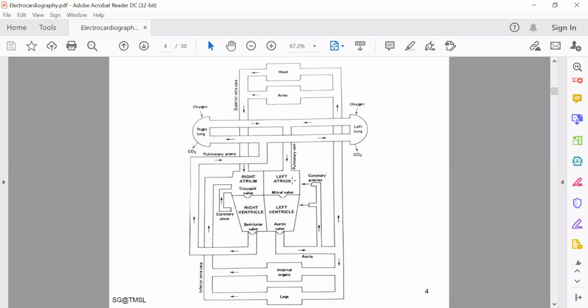The heart rate also increases with heat exposure and other physiological and psychological factors.